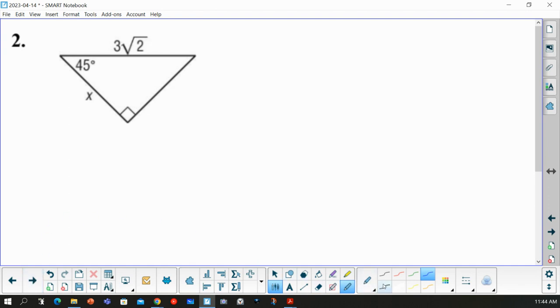Number 2. Same formula, right? This time I'm looking for the leg. So the leg equals the hypotenuse divided by the square root of 2. That's what we wrote on that last page, right?